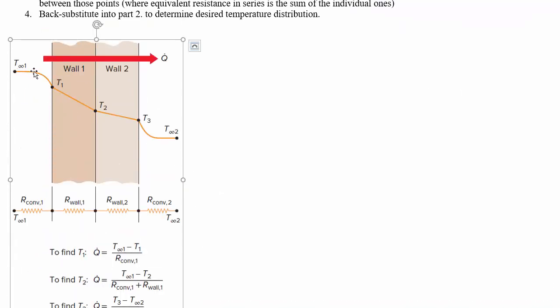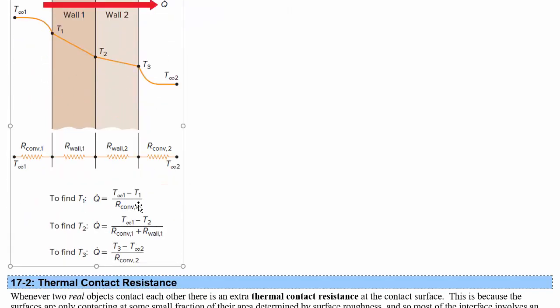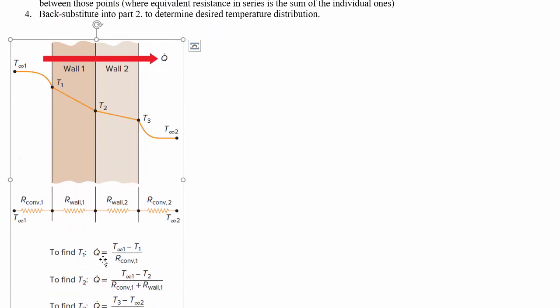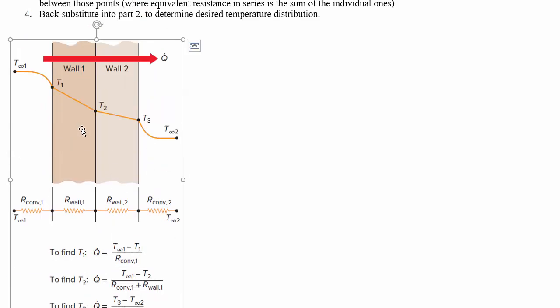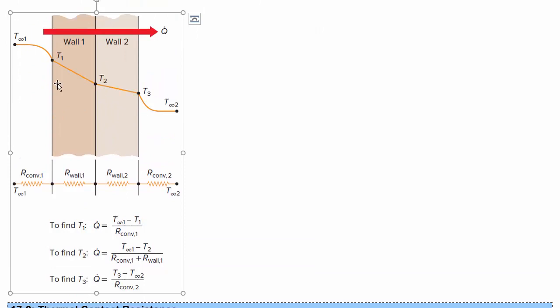You know that the heat flow is the same through all the different sections, and this allows you to say that by the heat flow being equal, you can compare one section to the next, to the next, to the next, and end up with the total heat flow has to equal the total temperature difference, the temperature from one fluid to the other fluid, divided by the sum of the different resistances.